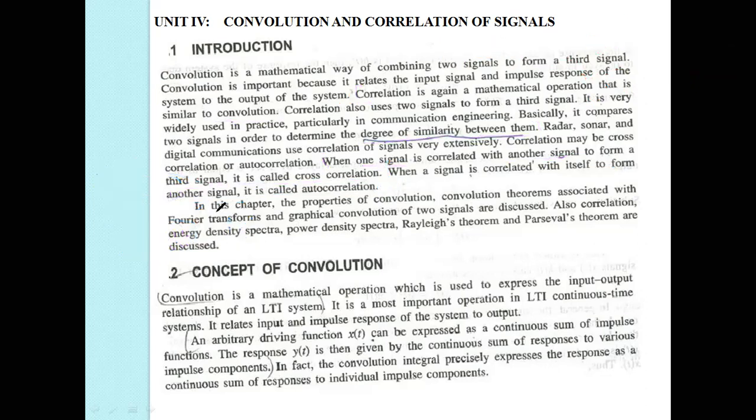Okay, my dear students. So in this chapter, the properties of convolution, convolution theorems associated with the Fourier transform, and the graphical convolution of signals are to be discussed here.